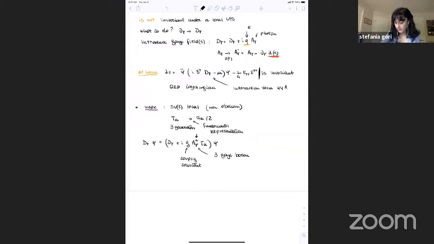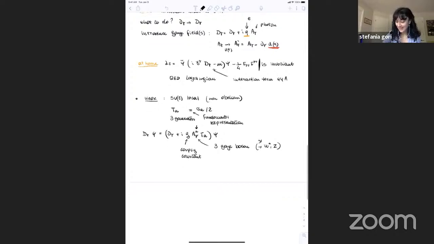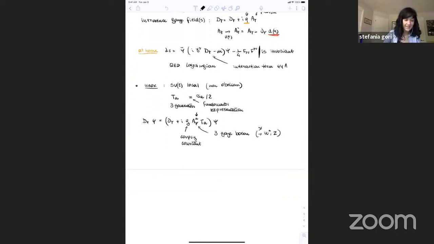As we will see tomorrow, they will generate the W and the Z boson of the standard model. Not exactly, we'll see all the story tomorrow. And then how do they transform under the SU2?